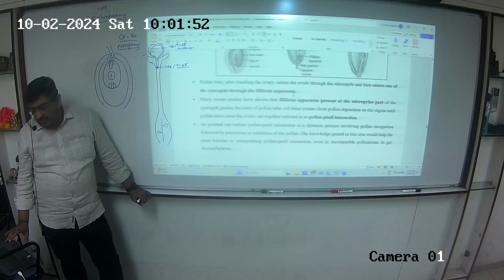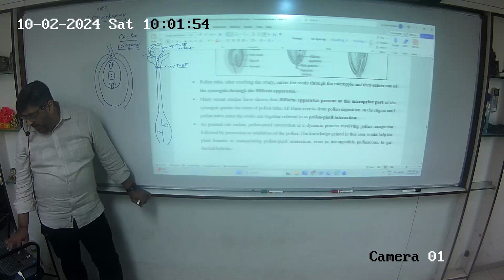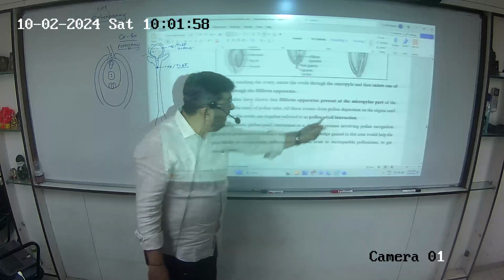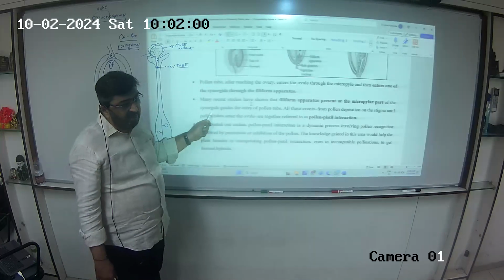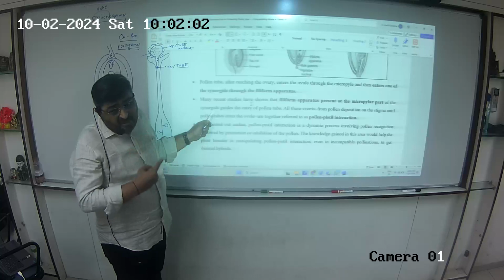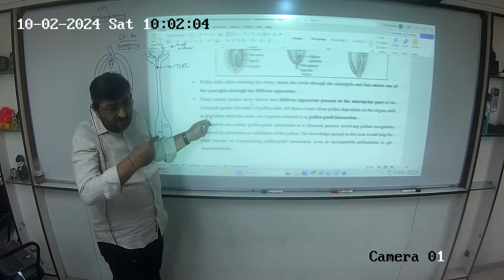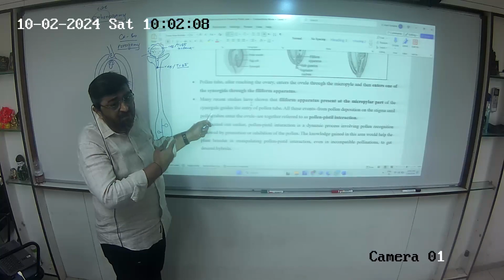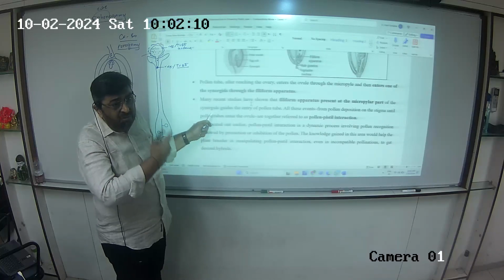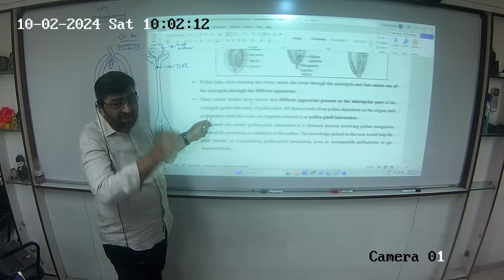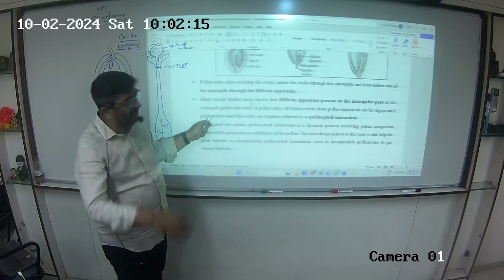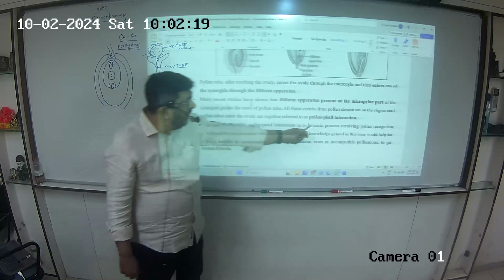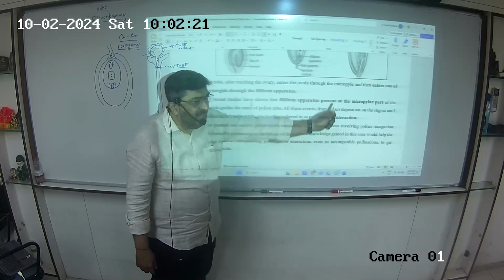Many recent studies have shown that the filiform apparatus present at the micropylar part of the synergid guides the entry of the pollen tube. This is the second time that they are mentioning this. All these events put together are called pollen-pistil interaction.